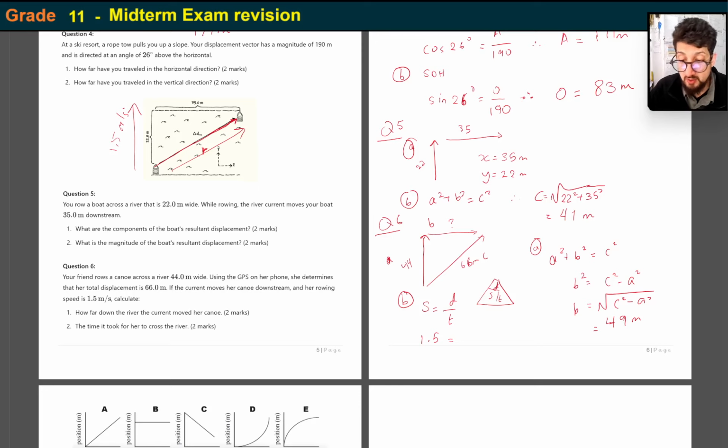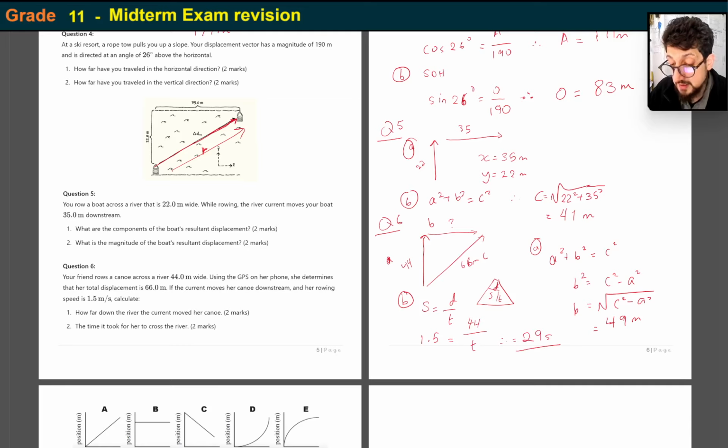So since we don't know that, we got to use this, okay? So obviously using the correct width of the river. So the width of the river is 44. So it's going to be 1.5 equals 44 divided by time. And therefore, time is equal to 44 divided by 1.5. So it's going to take her 29 seconds.